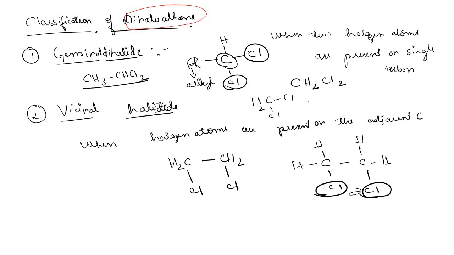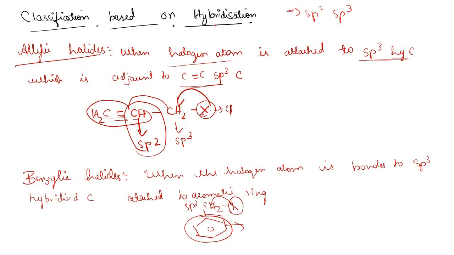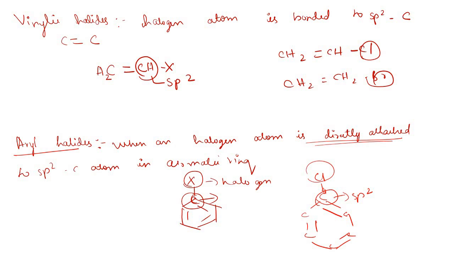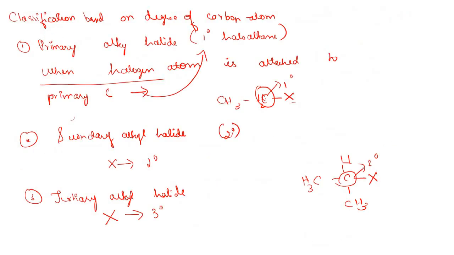Again, you classify dihaloalkanes as geminal dihalides and vicinal dihalides, depending on whether the halogen atoms are present on adjacent carbons or on a single carbon. Next, based on hybridization, there are allylic halides, benzylic halides, vinylic halides and aryl halides. Then it is based on the degree of the carbon atoms.